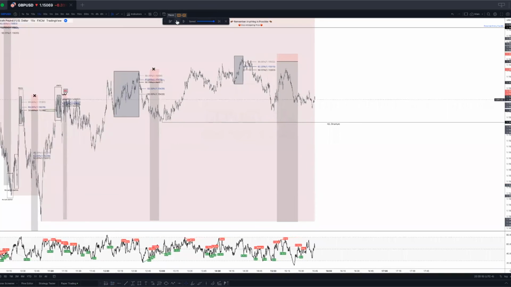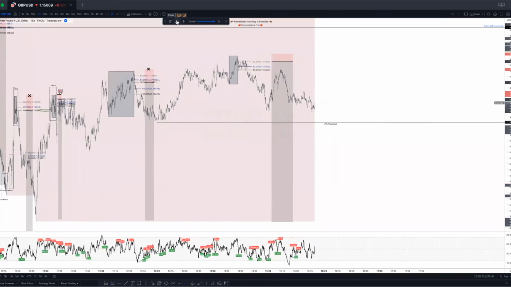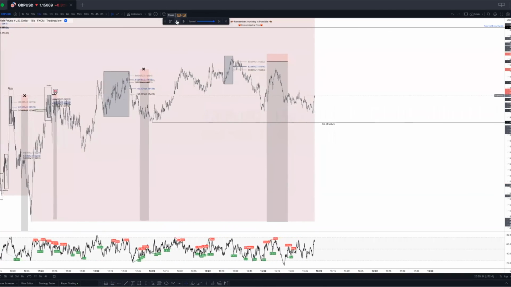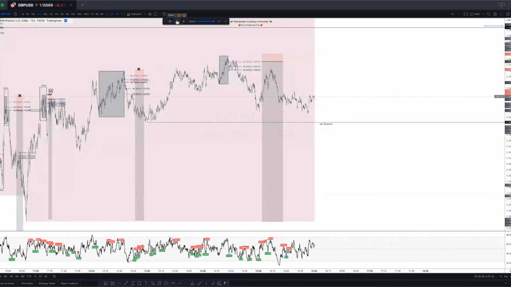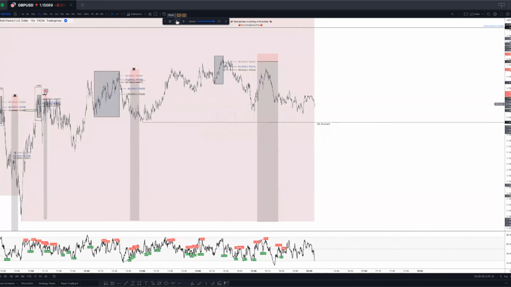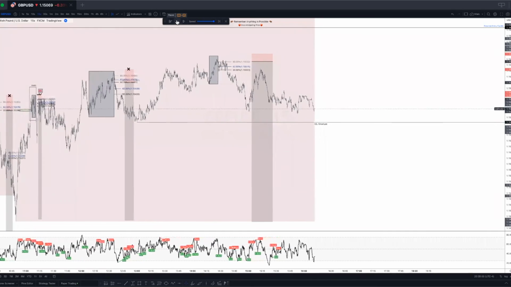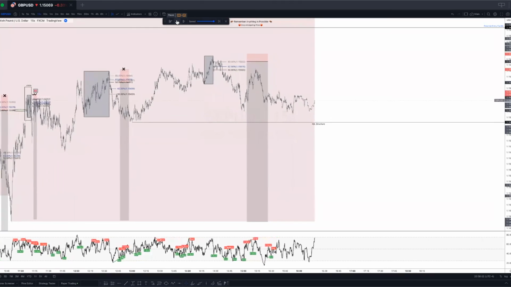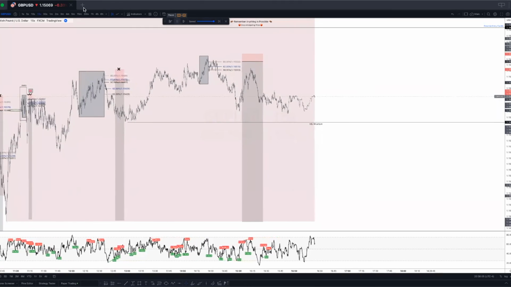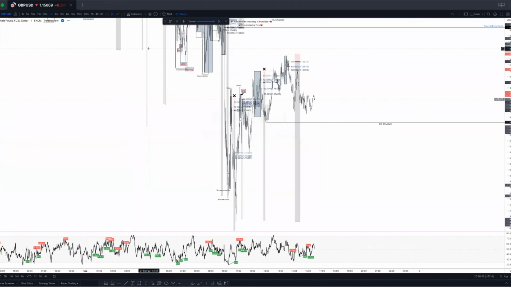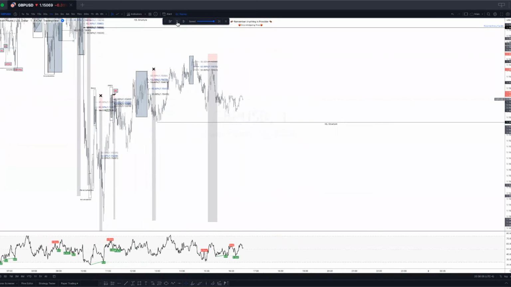So close to it, it's going to take the low. And it's like little candles. And we tap in.